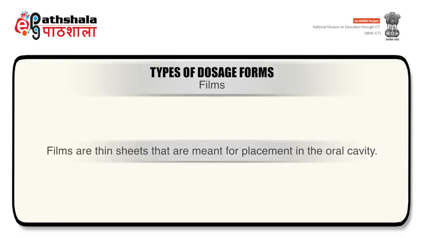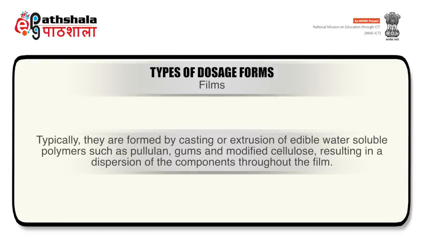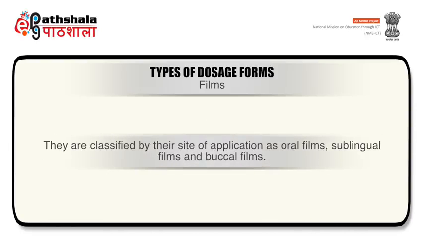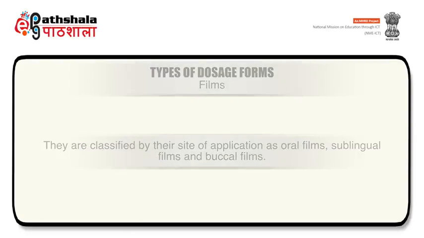Films are thin sheets that are meant for the oral cavity. Typically, they are formed by casting or extrusion of edible water-soluble polymers such as pullulan, gums and modified cellulose, resulting in a dispersion of the components throughout the film. They are classified by their site of application as oral films and buccal films.